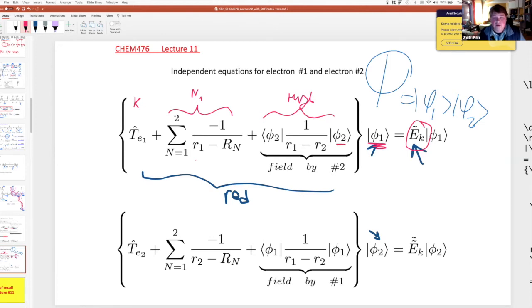Okay, good. And the main goal of this equation is to find this phi1, the orbital for electron number 1.